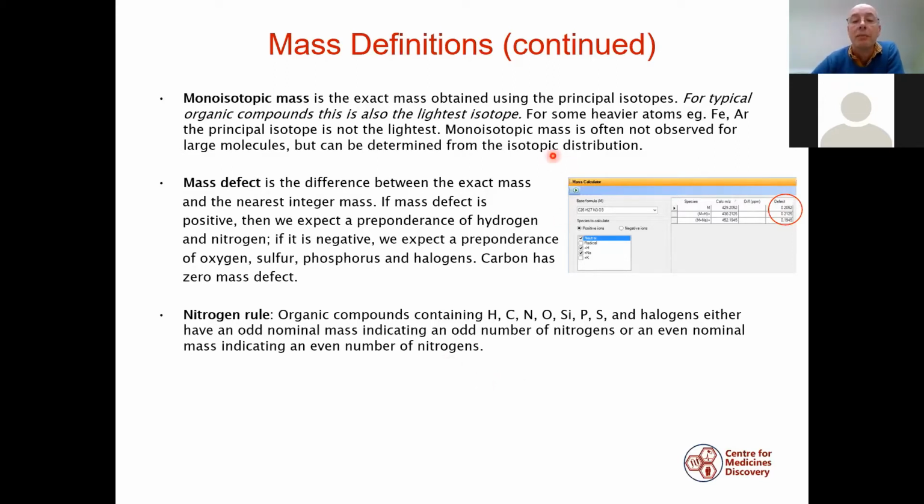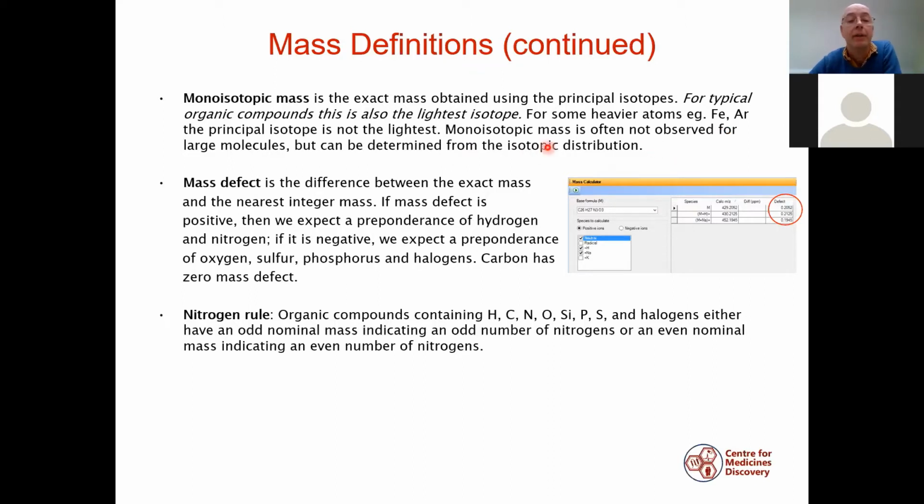Also, we cannot use monoisotopic mass universally. It's very useful for small molecules, but as the mass of your compound increases, very often you will not observe the monoisotopic mass. But you can still derive it from the isotopic distribution.